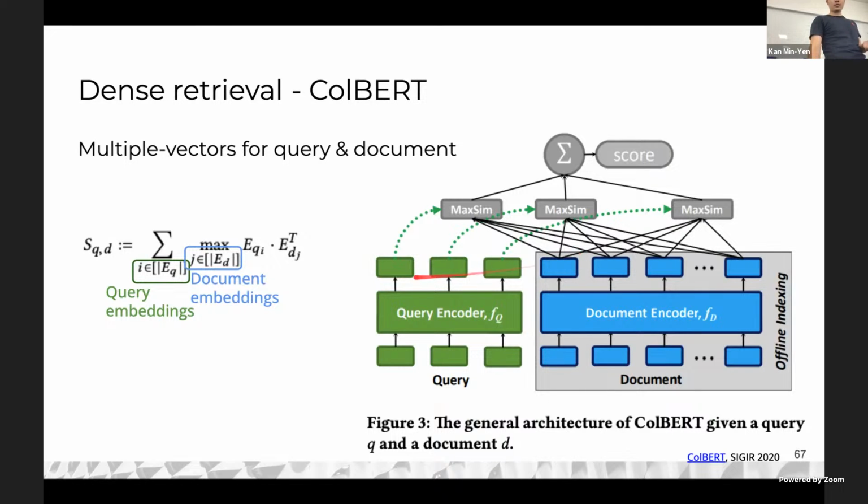So what the authors do is that instead of just using one hidden state as the representation of the entire query or the entire document, they will actually use each individual token from the query as well as the individual tokens from the document and compute a score and take the max. So for each query embedding, they will go through each document token embedding and take the score with the maximum value, and finally have a sum of the scores.